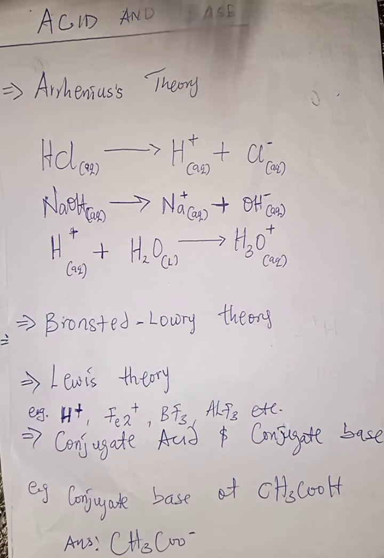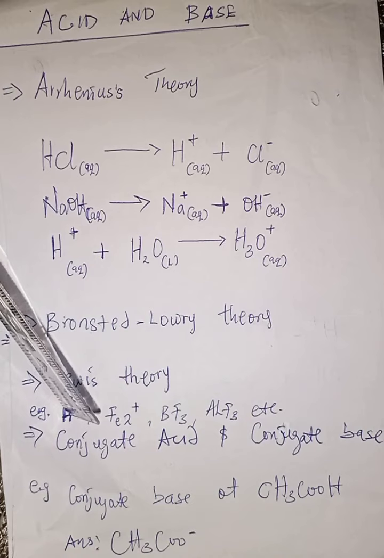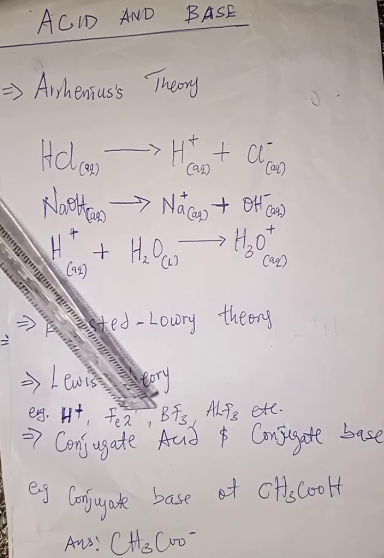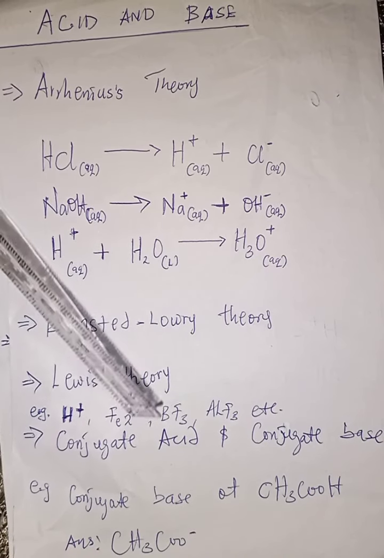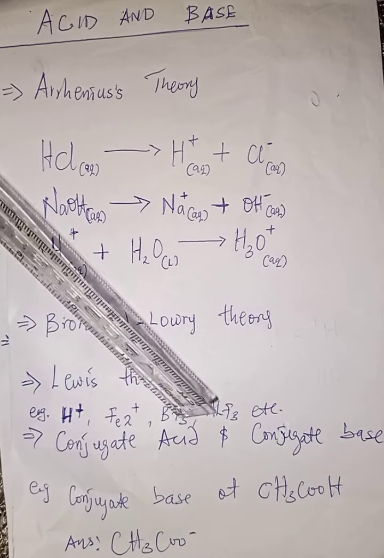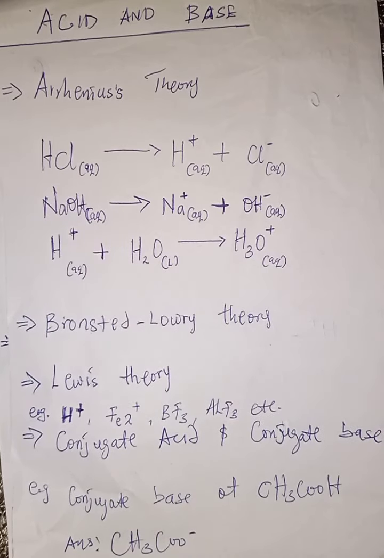Before we go to the conjugate pair, we look at Lewis theory, which tells us that an acid is a substance that can accept a lone pair of electrons, while a base is a substance that can donate a lone pair of electrons. Examples of Lewis acid are hydrogen ion, Fe2+, BF3, aluminium trifluoride, and so on.